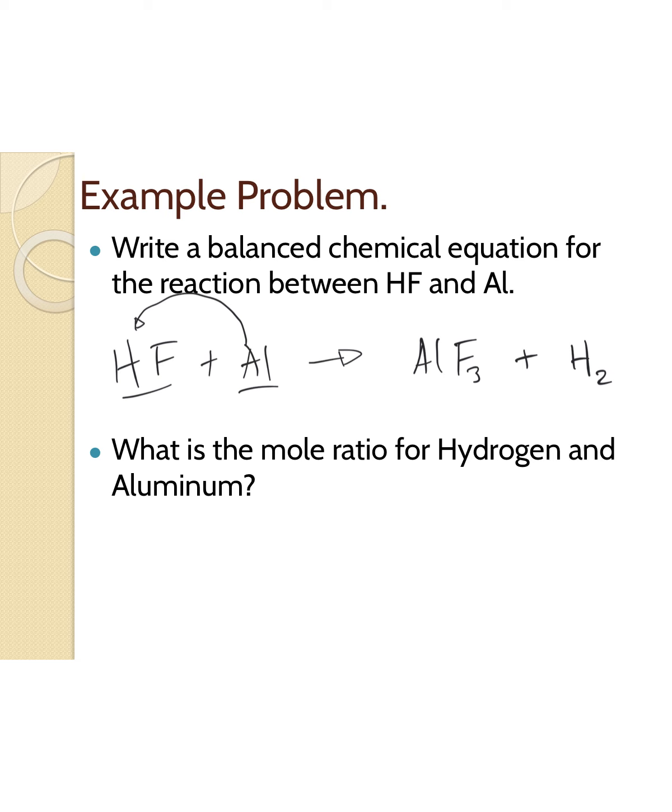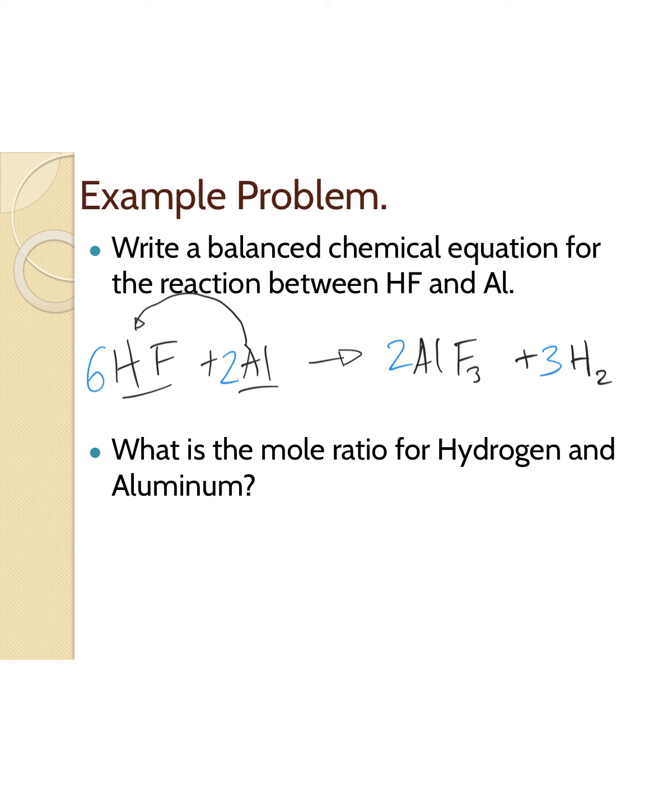So I'm thinking that if I put a 2 there, I will have 2F. That's not going to balance out with the right. If I have a 4 there, 4 is not a multiple of 3. So let me put a 6 here, because 6 is a multiple of 3. When I do that, I have 6H, so I put a 3 here. But that also gives me 6F on the left, so I put a 2 here. When I do that, I have 2Al on the right, so I put a 2 there. And now we have a balanced chemical equation.